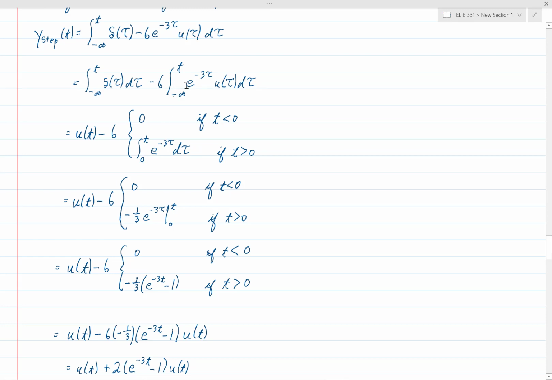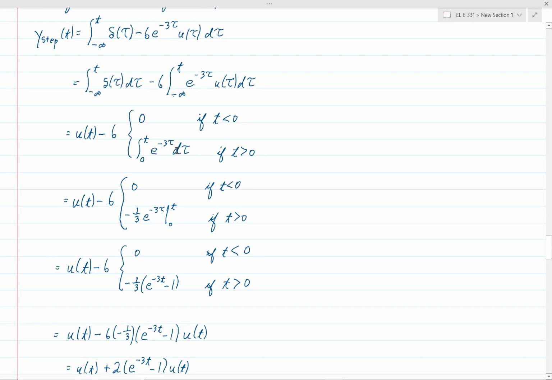So instead of starting all the way back at -infinity, we can start at tau equals 0, and then we integrate up to tau equals t.